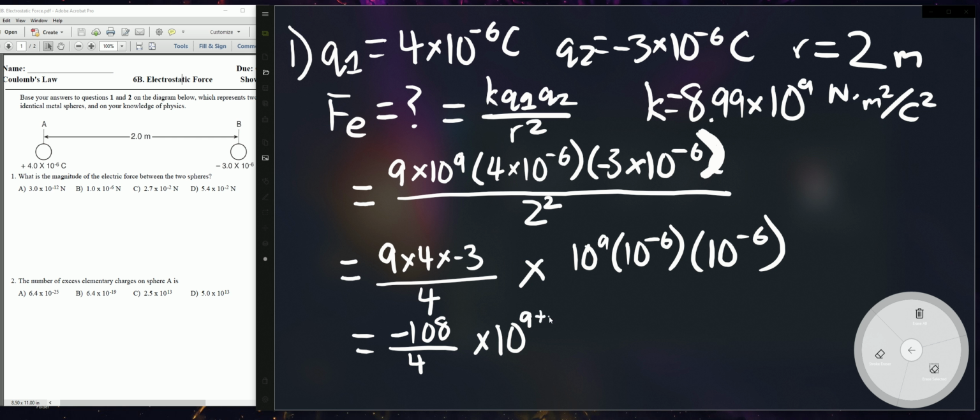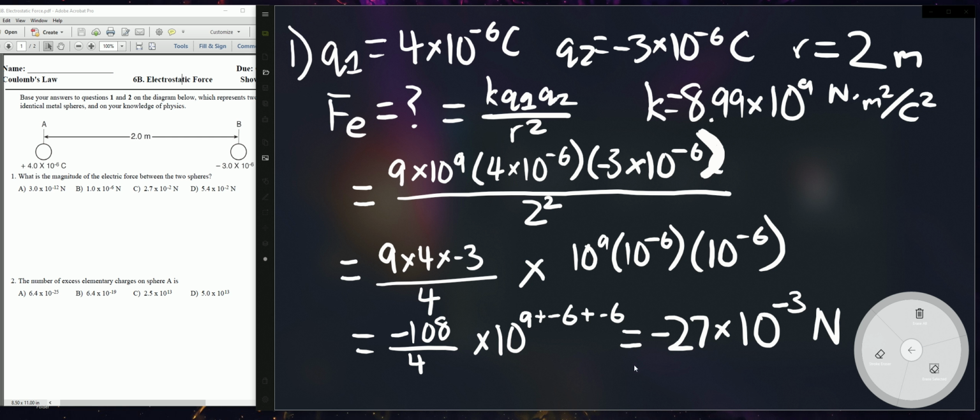So 9 plus negative 6 plus negative 6 gives negative 3. Negative 108 divided by 4 is negative 27, times 10 to the negative 3, and we simplify it: negative 2.7 times 10 to the negative 2 newtons.